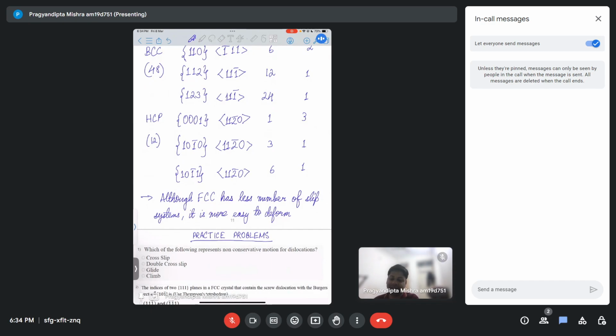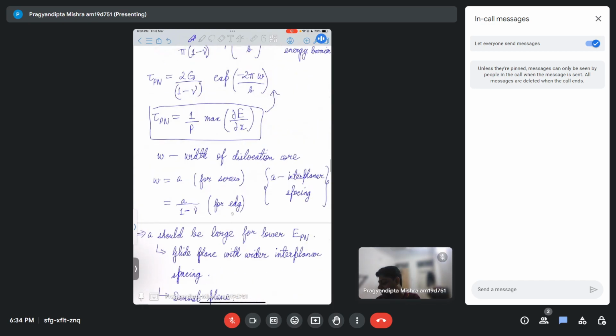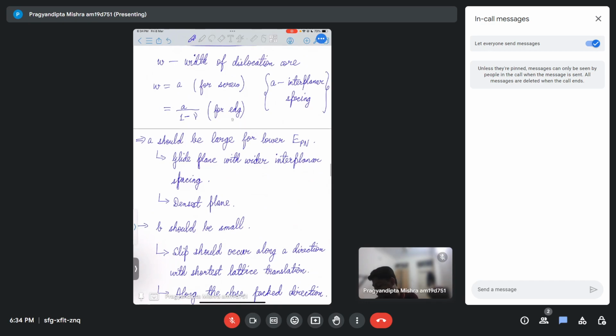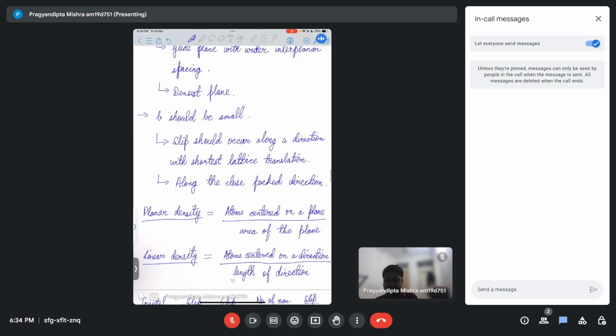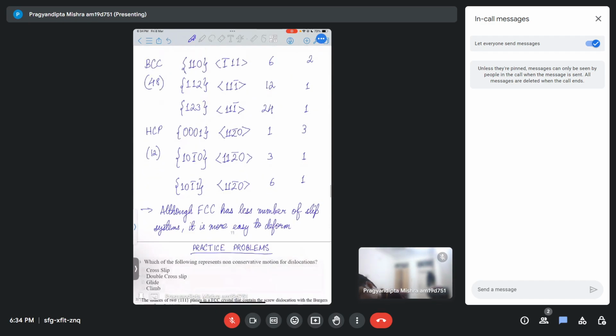Now, what did I say was influencing the Peierls-Nabarro energy? It was the value of a and b, right? That is the density of a plane. It is not the number of slip planes that are available, but how densely they are packed. So in FCC, the planes are more densely packed.